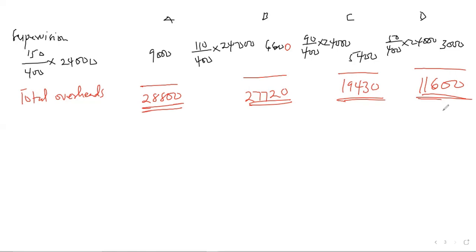But in this question, they did not ask, they just asked to do apportionment. So in my next video, I'll be bringing a question where we are going to reapportion the overhead cost of the service department to the production department after we are done with the apportionment.